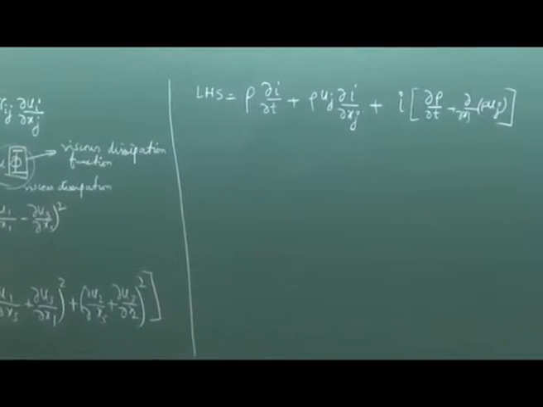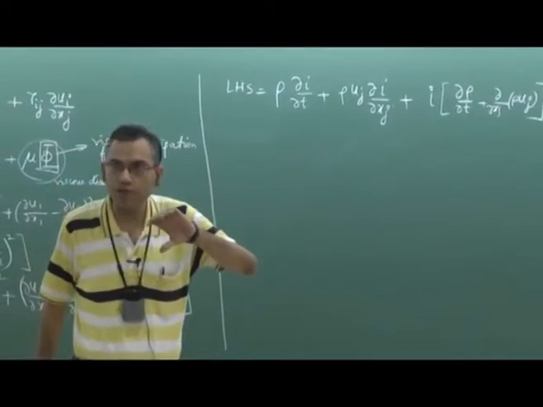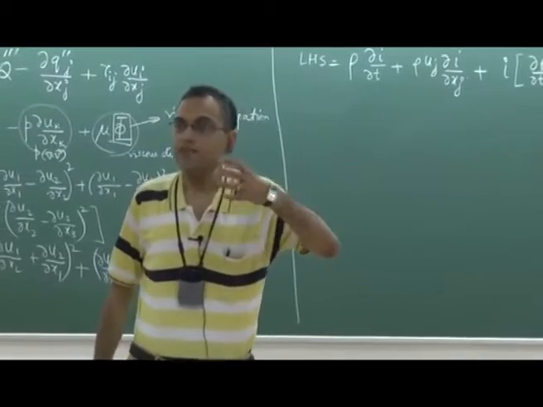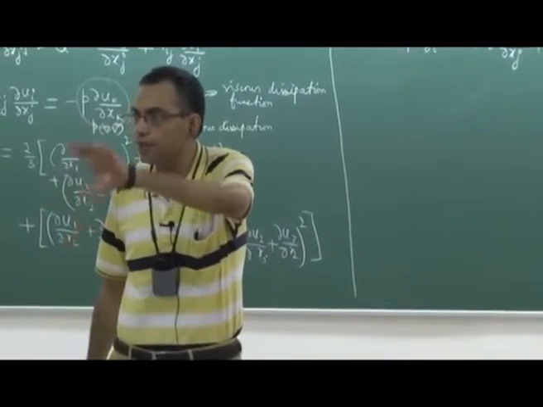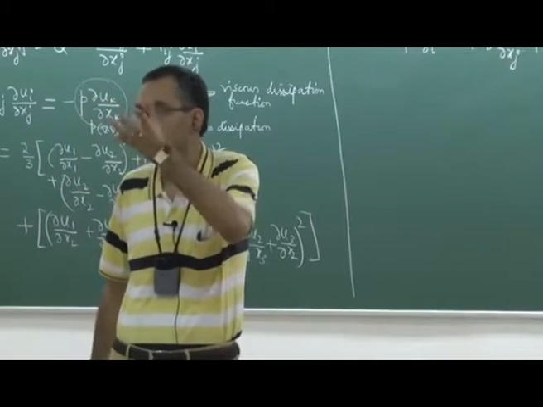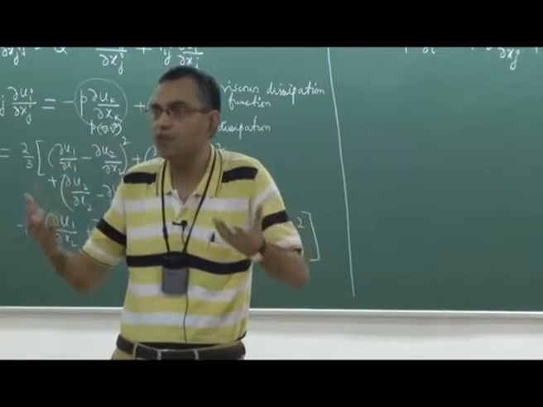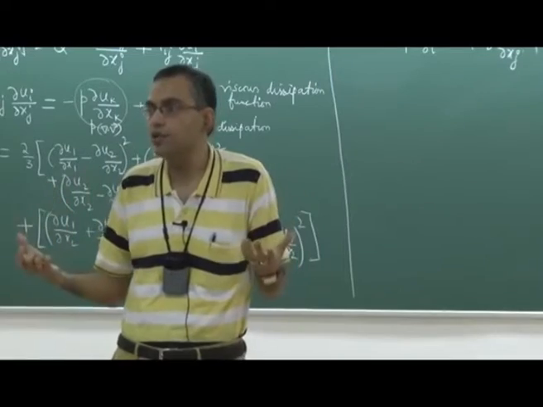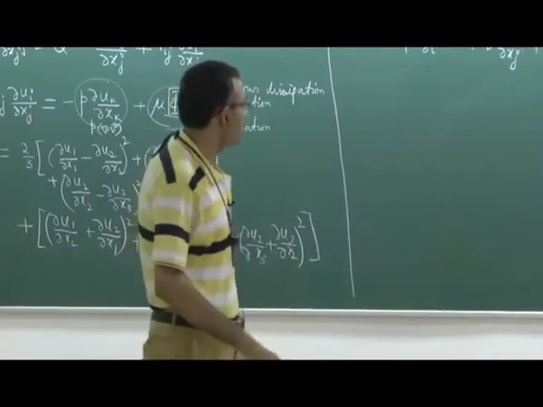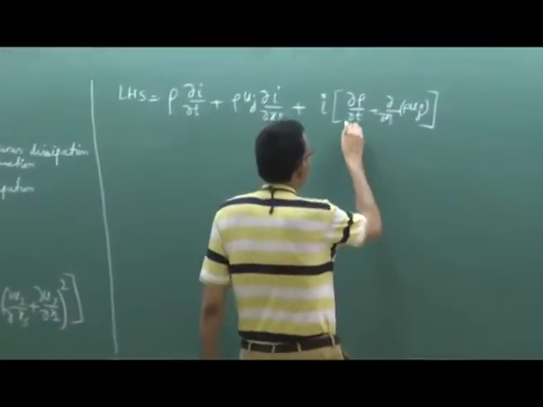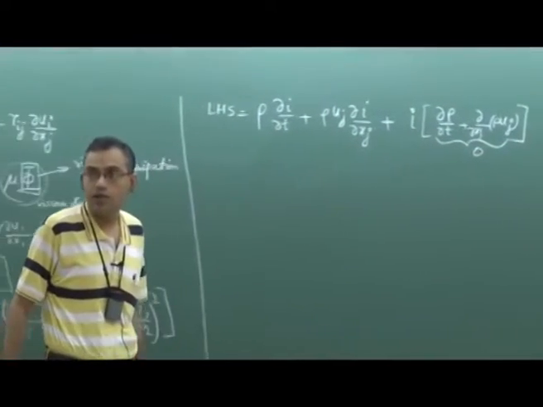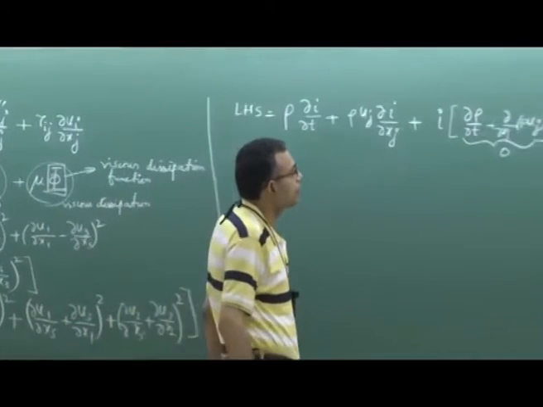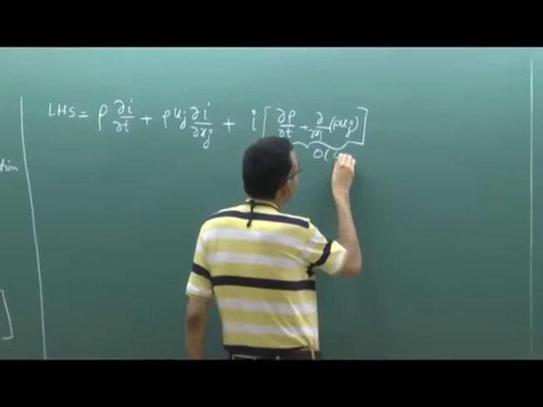What we have done is, this is a trick we will often play: we will convert as per our wish from a non-conservative form to a conservative form and then from a conservative form to a non-conservative form. In any of these cases we have to use the continuity equation. This is the continuity equation, and this is actually 0 by the continuity equation.